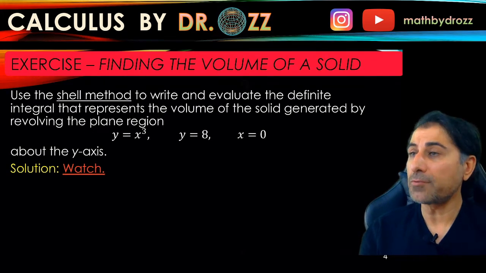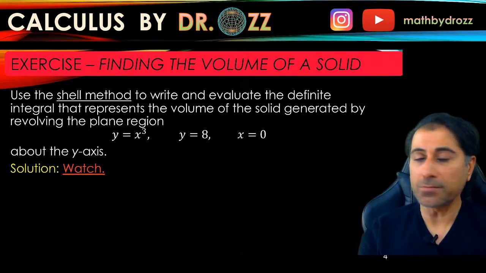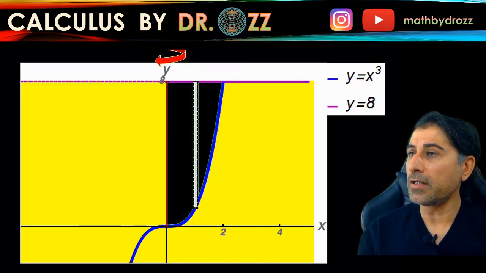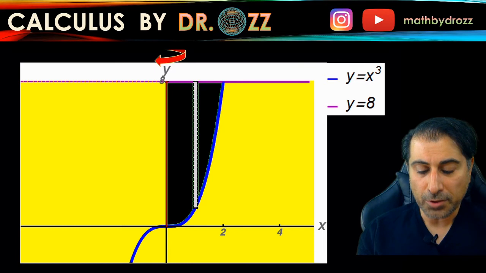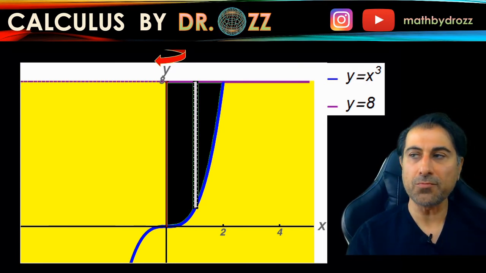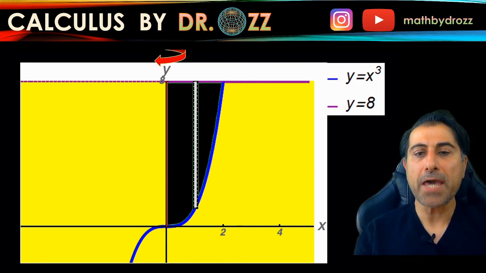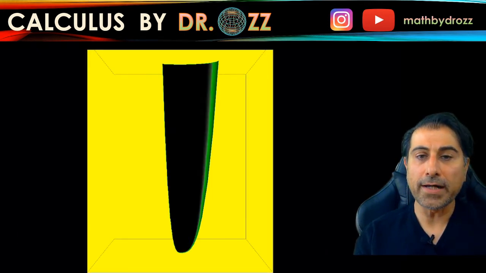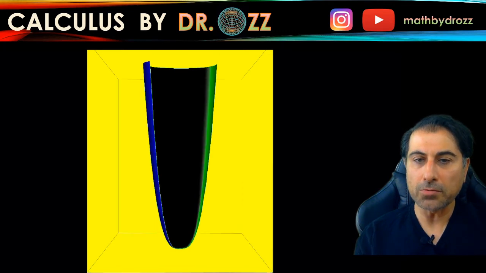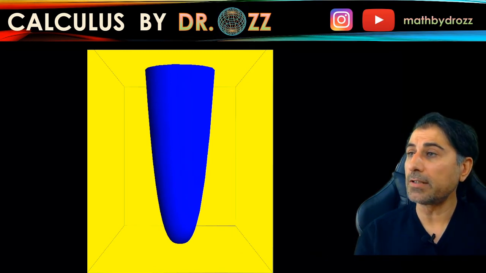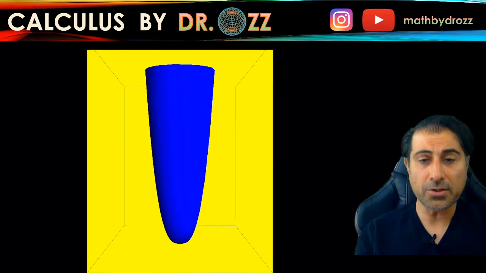You can go ahead and have your calculators ready to graph the region, or you can just hand sketch it. Okay, so the region looks like this. Remember that whenever we use the shell method, we use a representative rectangle parallel to the axis of revolution, and that's exactly what we have here. If you revolve this around the y-axis, you're going to get a good cone-shaped graph.